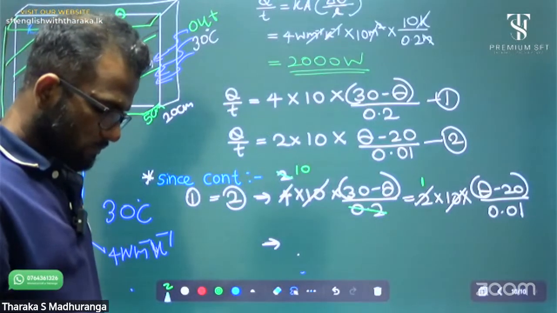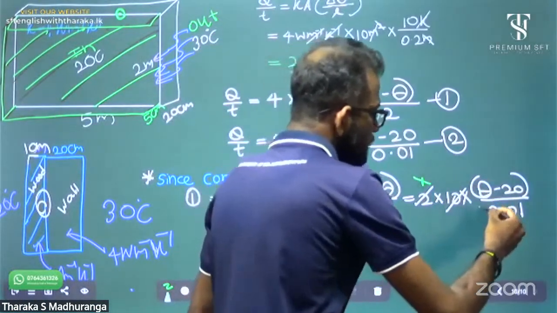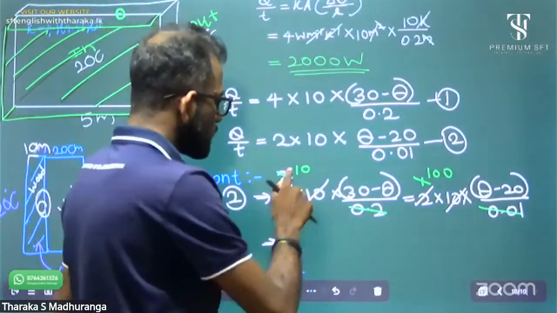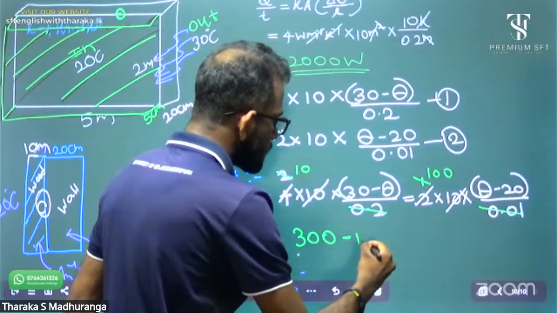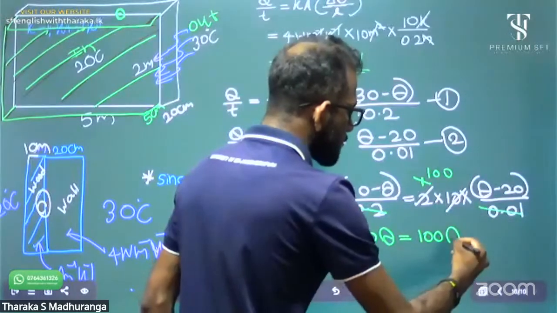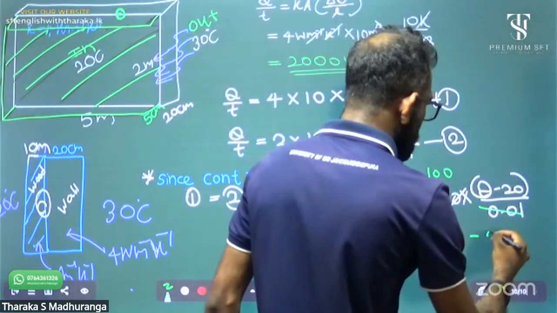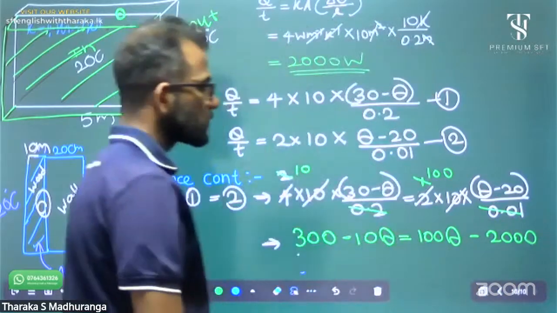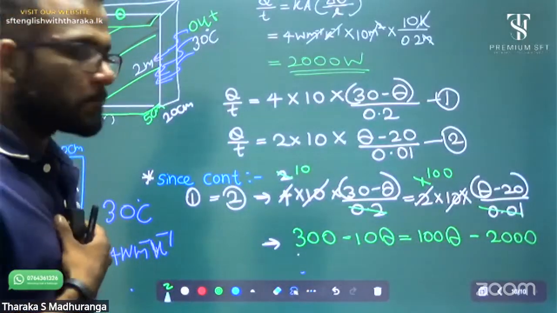Then for easy calculation, 10 into 30, 300, minus 10 theta equals 100 theta minus 100 into 20, 2000.